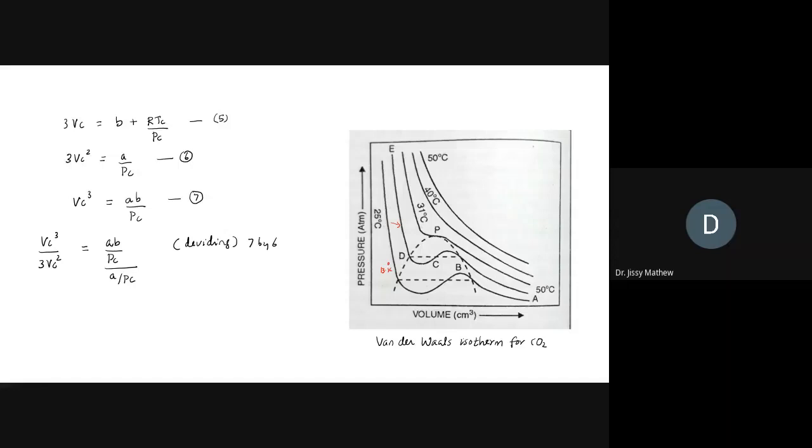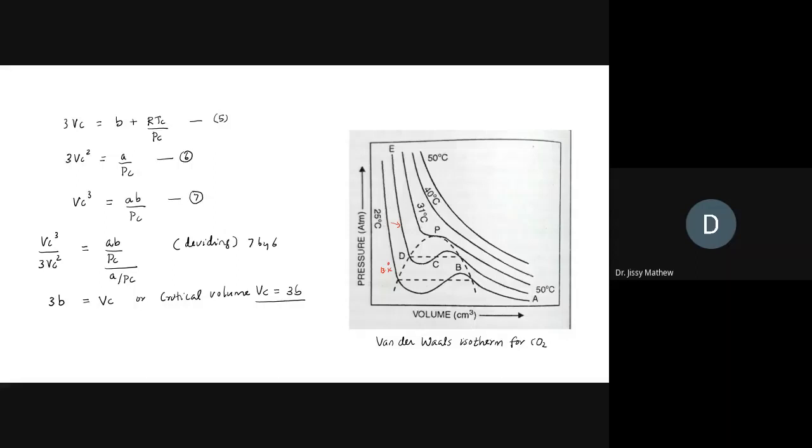Cancelling Pc, a and Vc², we have Vc/3 = b, or the critical volume Vc = 3b, where b is the Van der Waals constant.